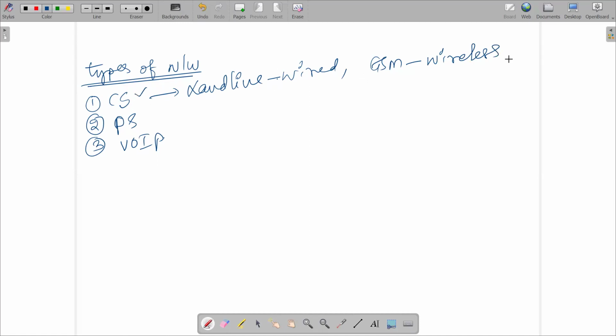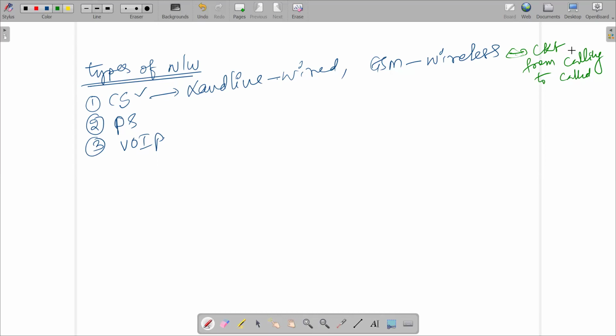Here, simply I can say there is a circuit established from the calling party to the called party. Once circuit is established, either data or voice follows the same path. And the drawback is it is bandwidth reserved. It's like a particular circuit is reserved between two users, so no one can use that line.